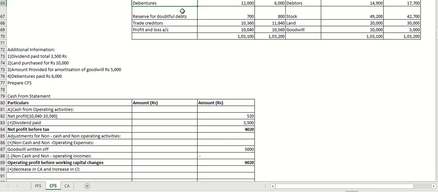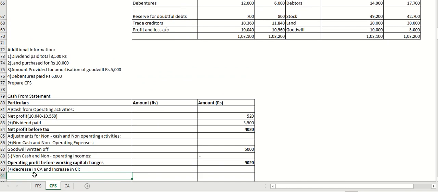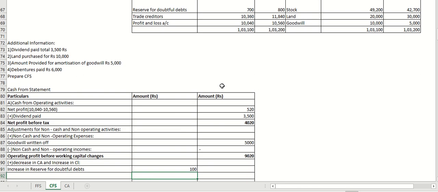First let's look from the liability side. So reserve for doubtful debts has increased, so you will add it. So increase in reserve for doubtful debts. The increase amount is 100 rupees. 800 minus 700, 100.